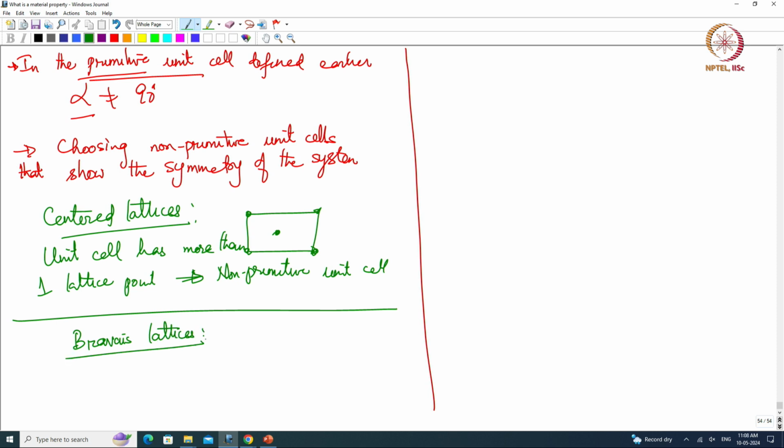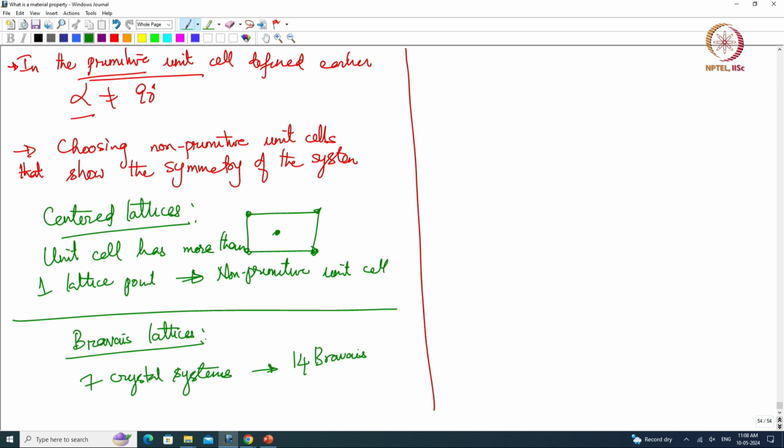Again, Bravais lattices: we have 7 crystal systems and we have 14 Bravais lattices, which means each of these crystal systems I am going to split into whether it can be centered or cannot be centered.